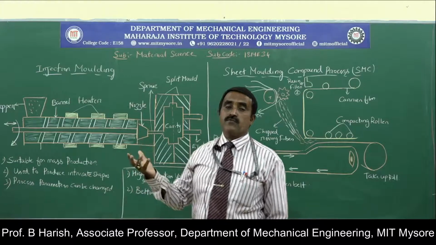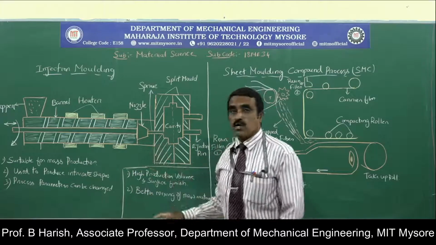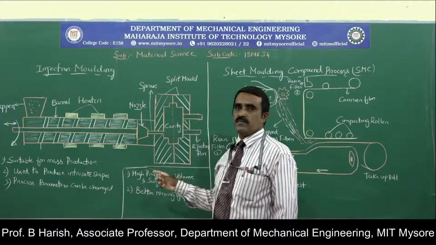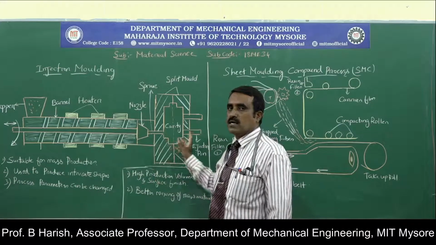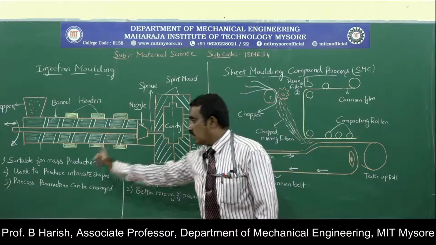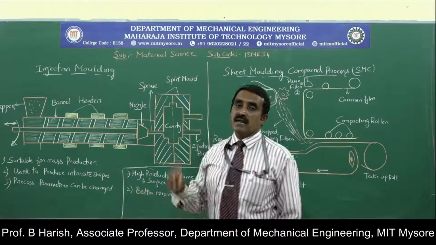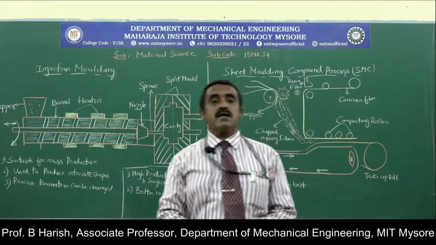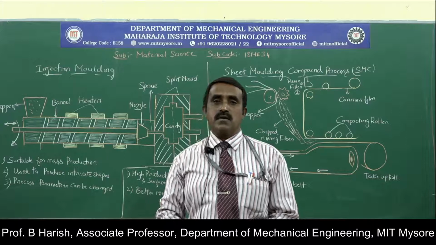One more important process parameter is the rate at which the material should enter the cavity. These are the different process parameters involved in this process, and the advantage is that they can be easily controlled.